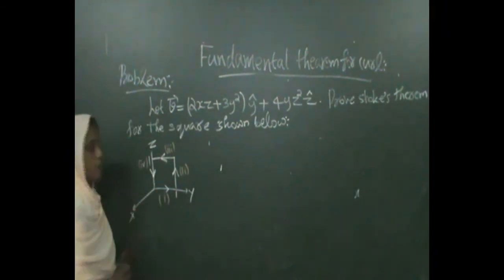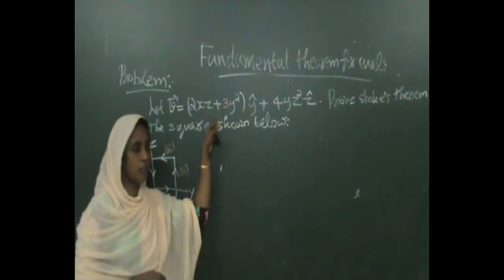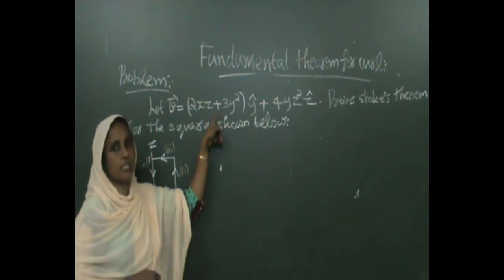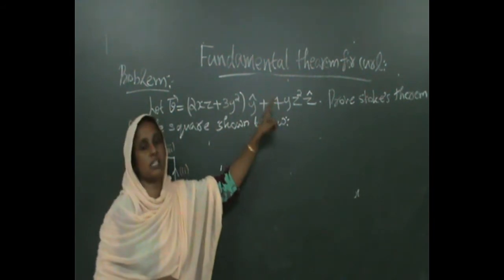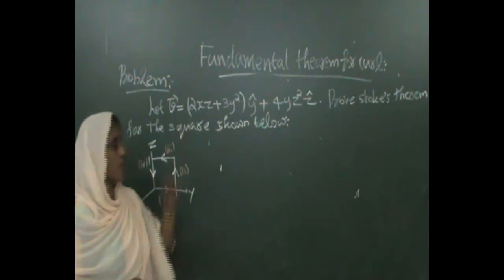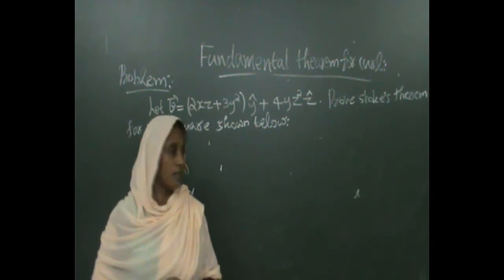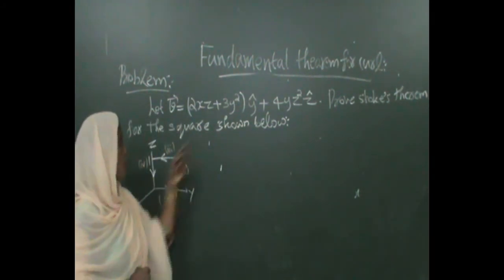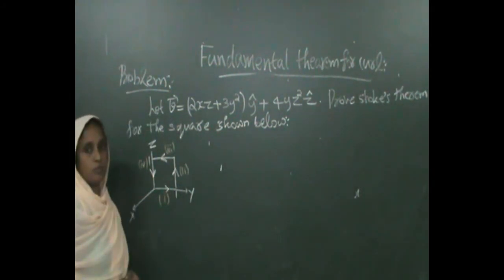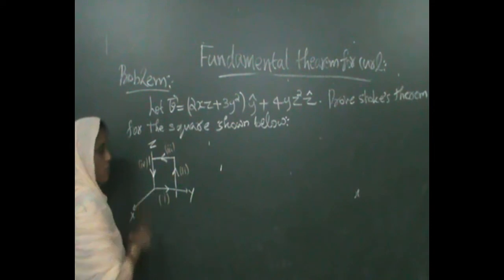The vector field is given, and this vector function is defined in the yz plane. The surface is given by this square, and we want to prove the Stokes theorem using this surface.